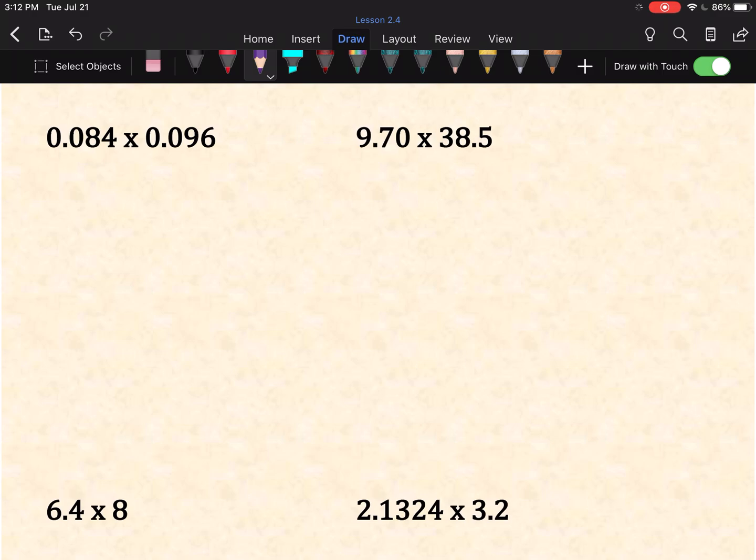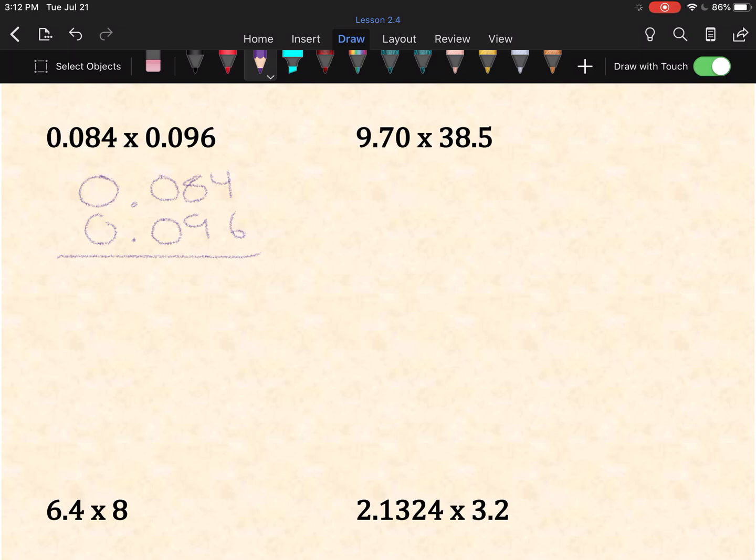.084 and .096 are the same length as far as I'm concerned. They both have 2 numbers that interest me, the 84 and the 96. So it doesn't really matter which one I put on top, which one I put on the bottom. Now, ignoring the decimal points, this is basically 84 times 96.